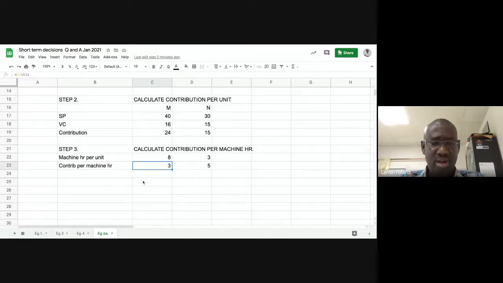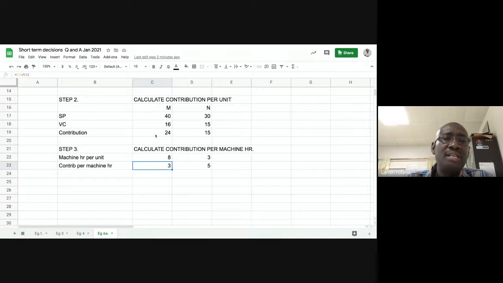Never mind. Don't worry. The way we got the contribution per machine hour is we first calculate our contribution per unit. As you can see here, 24 for M and 15 for N. Now we are given machine hours per unit, which is 8 for M and 3 for N. Now we want to find the contribution per machine hour.